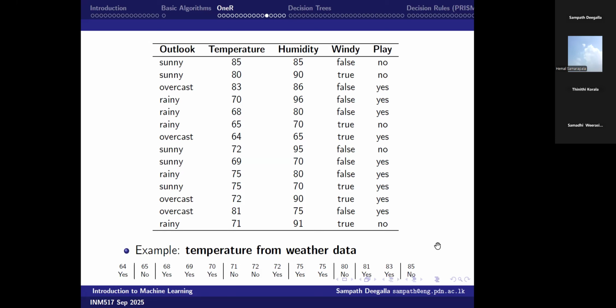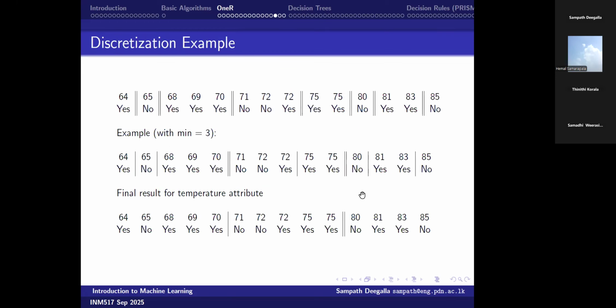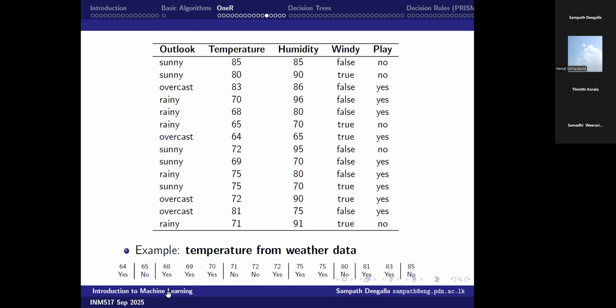So one technique to avoid overfitting, because it is very sensitive to the change of classes, is that we are going to enforce a minimum number of instances from the majority class. What I mean by this is, if you look at the numbers earlier, in a range we can even have just one instance.